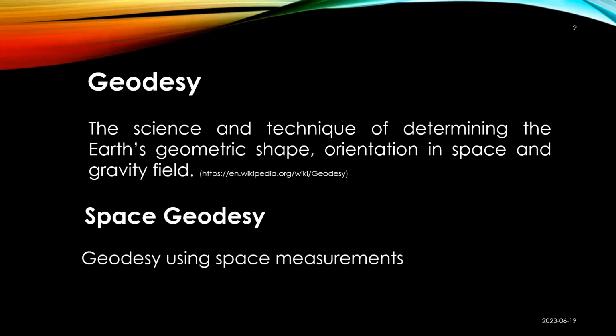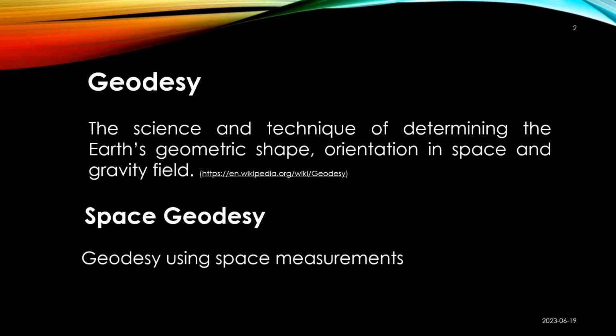So let me go back to the definition of geodesy. Geodesy is the science and techniques of determining the Earth's geometric shape, orientation in space, and gravity field. Today, when we talk about geodesy, people just look at the first part of this definition, which is related to science and technique, measuring or determining the geometric shape of the Earth.